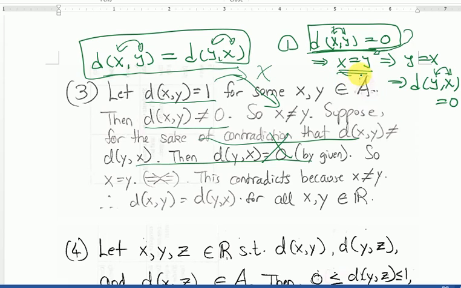Then in this case, we can commute, right? x equals y equals x, same thing. Then, because of that order and by the definition of d, if y equals x, then we can say d(y, x) should be 0, right? And then we can claim, therefore, these two values are the same. And the second choice is for 1, right? So it's a very similar way to do that, right? Like that.